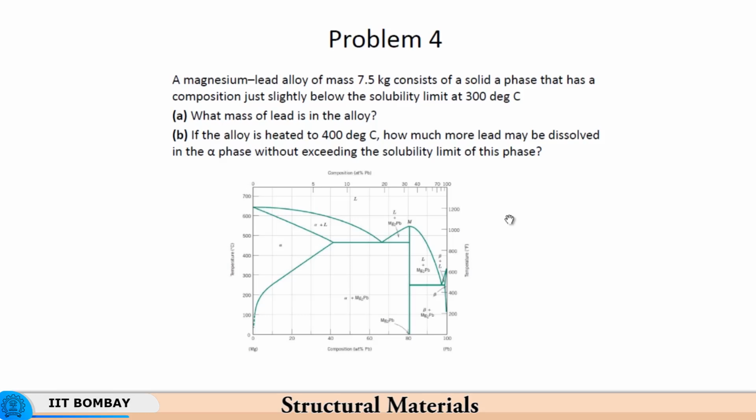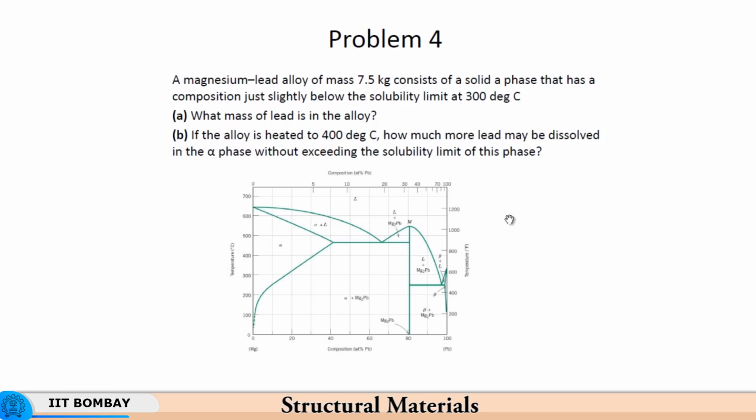So essentially 14% more lead has got dissolved in the alpha phase, without exceeding the solubility limit of this phase.